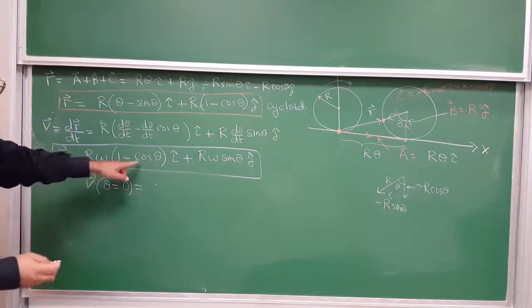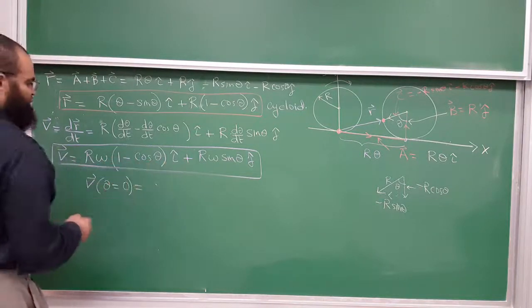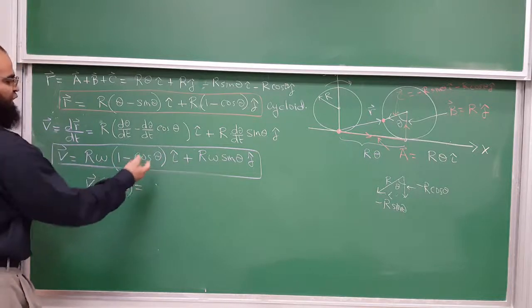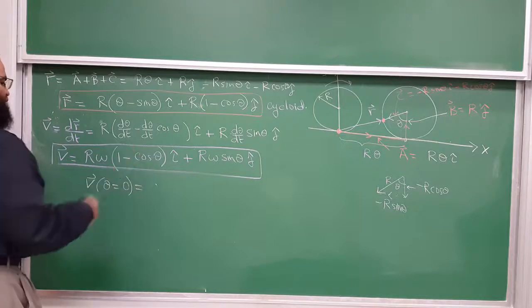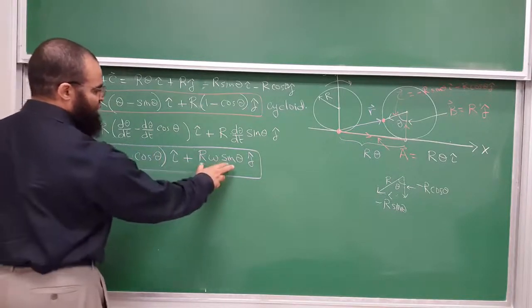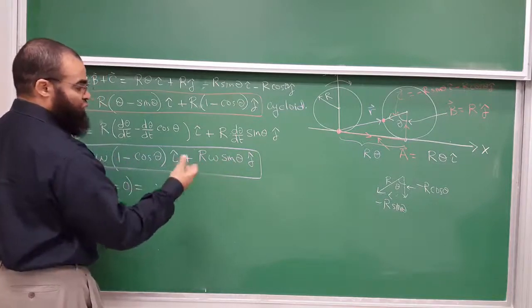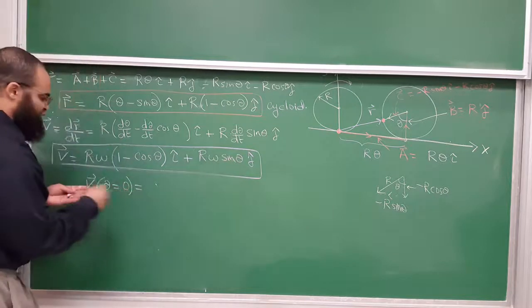Well, the cosine of 0 is 1, and 1 minus 1 is 0, so this part becomes 0. If you take 2 pi, the cosine of 2 pi is the same as the cosine of 0, and it's 1. 1 minus 1 is 0. So this part will be 0. How about this part? The sine of 0, or 2 pi, or 4 pi, or 6 pi is all 0. So this is 0, so you get 0.